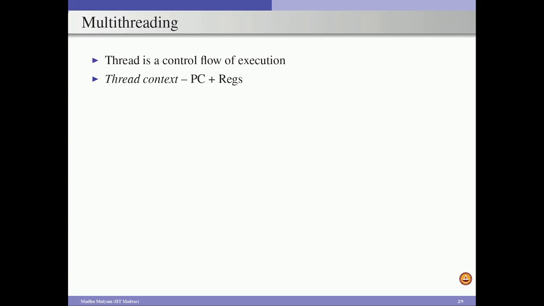Once we have the PC and architectural register files replicated for each of the threads, we can efficiently execute multiple threads on the system by switching in and switching out the threads.